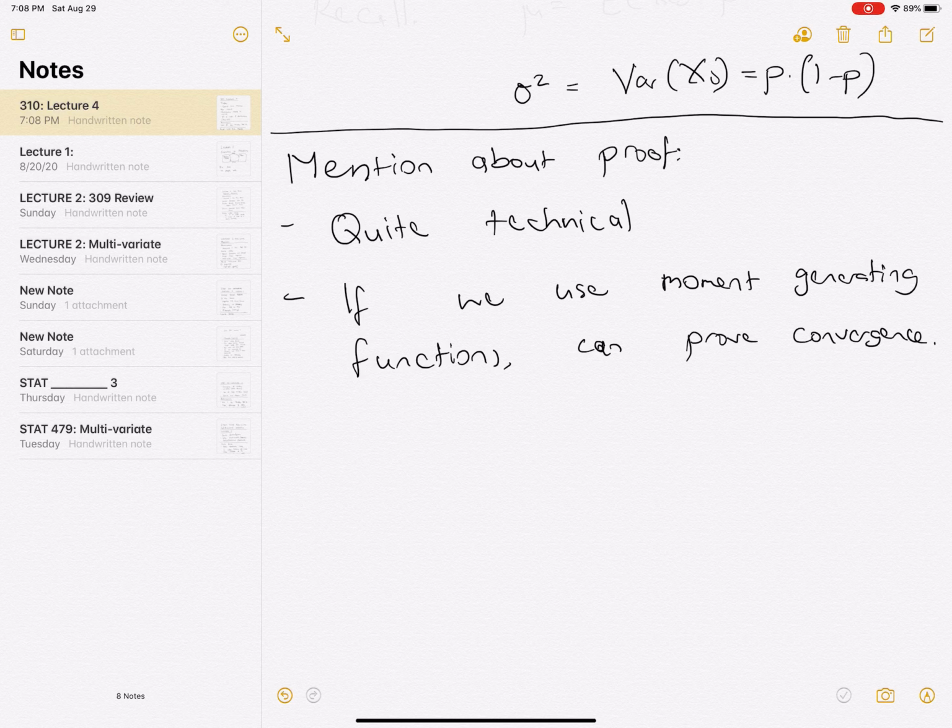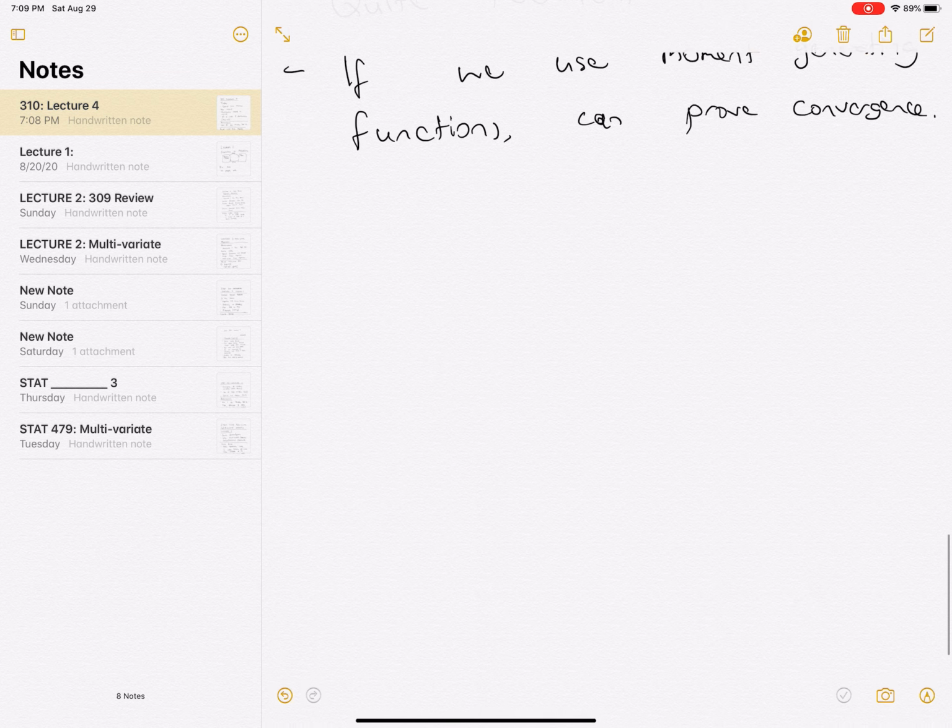It really stems from the mathematical expression of the normal distribution. So that's just an idea of how the proof works.